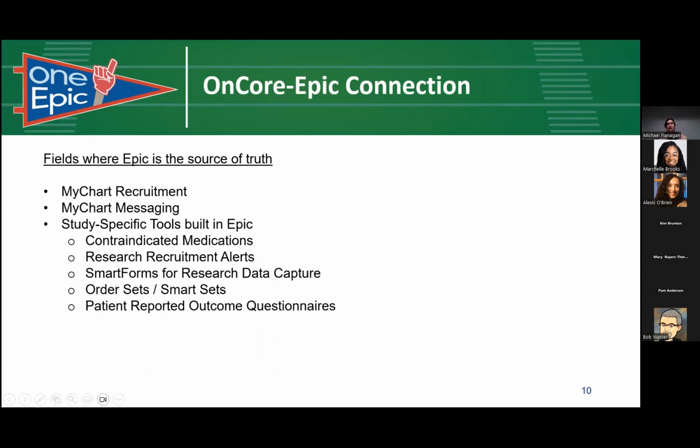Really, what we want to make everyone aware of as part of these research open hours is that there will be the option to have tools built out within Epic. I'll talk through what those look like here in just a second. But that could be another tool within your study team's tool belt that you can use as a way to collect information or run your trials.